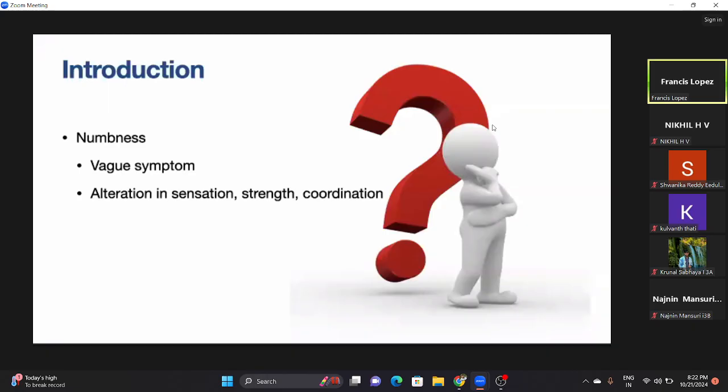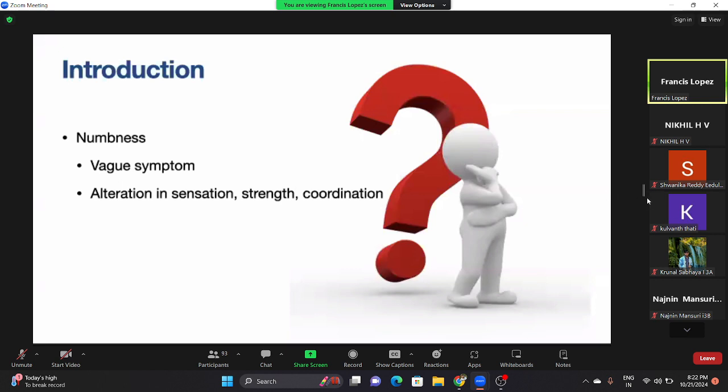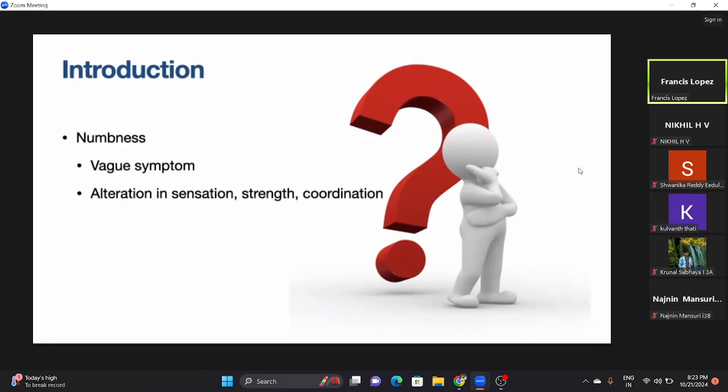So, in approaching a patient with numbness, we should first clarify what the patient means when he complains of numbness, because numbness is a very vague symptom. The patient may use the word numbness to describe any alteration in sensation. This may be paresthesias or sensory loss, but patients may also complain of numbness when in fact they are really having a weakness.